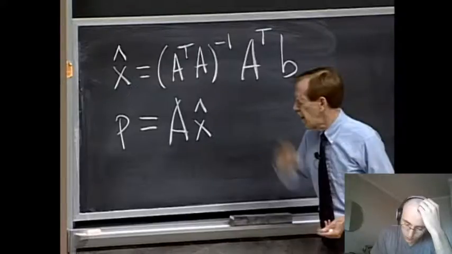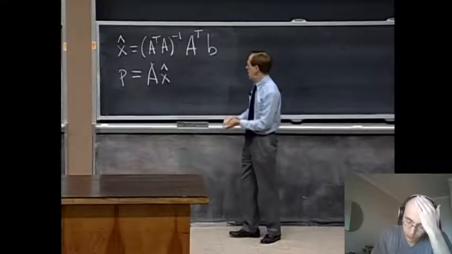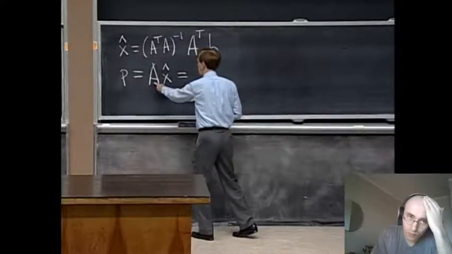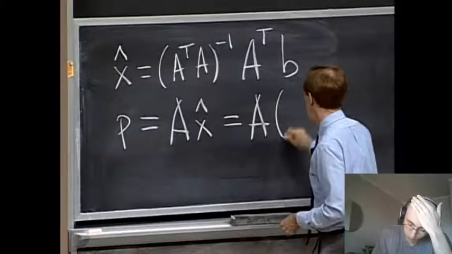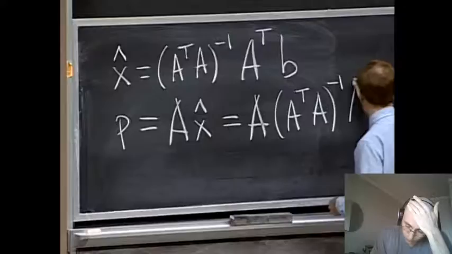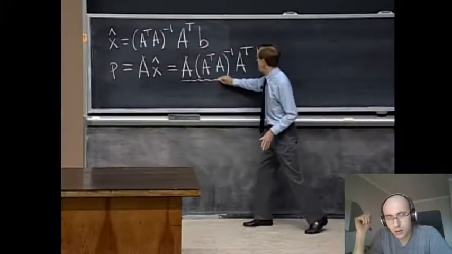So now I know what this is, I just multiply by A: A times A transpose A inverse A transpose B. That's looking a little messy, but it's not bad.